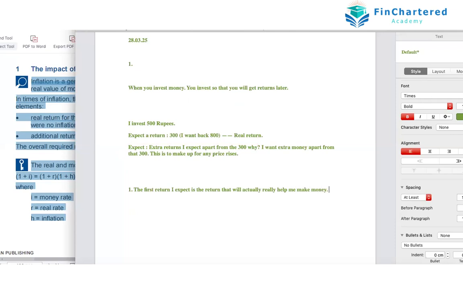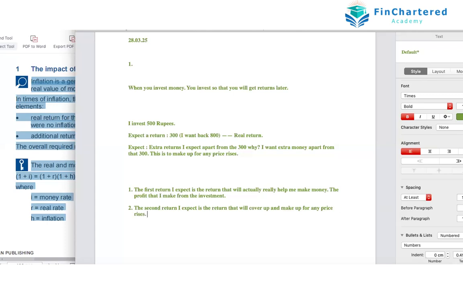This is the real profit, the profit that I make from the investment. But apart from that, the second return I expect is the return that will cover up and make up for any price rises.